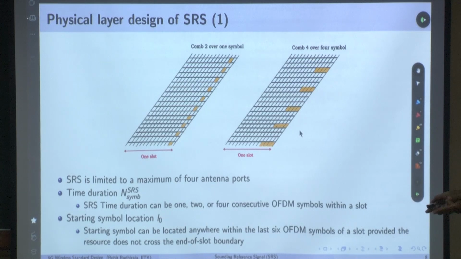What are we saying here? That SRS is defined only for a maximum of 4 antenna ports, and they typically come at the end of the slot. Why?